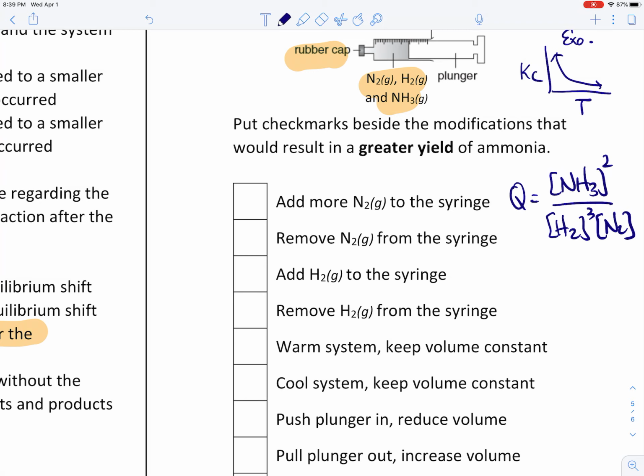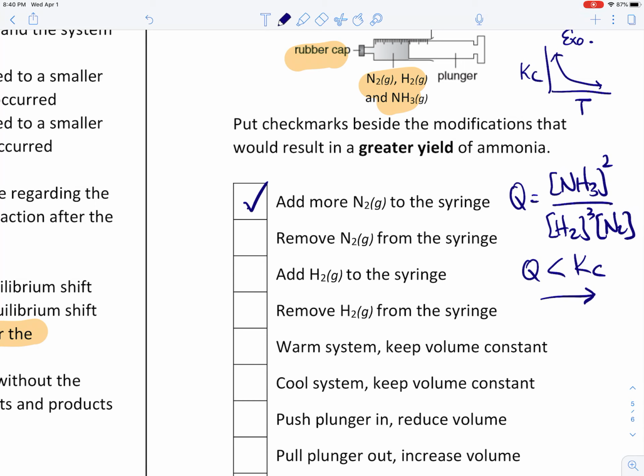Well, if we want the reaction to shift forwards, then we want Q to become less than Kc, which causes a forward shift and more ammonia to be produced. So if we want to get Q to become smaller, so Q is less than K, should we add nitrogen or should we remove nitrogen? Well, nitrogen is in the denominator of Q. So if you were to add more nitrogen, the denominator would get bigger and Q would get smaller. So the first choice there to add more nitrogen looks like a good choice.